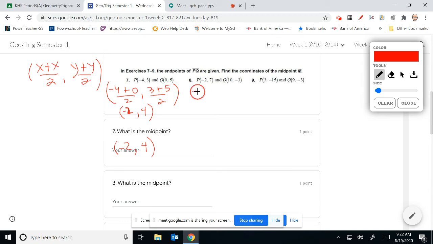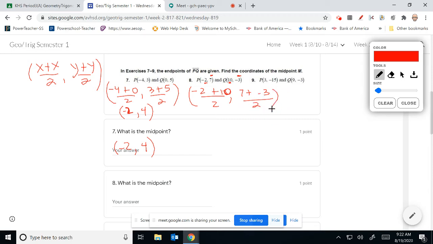8, you're going to add the 2 x numbers. Negative 2 plus 10. So there's an x and there's an x. We're going to add them and divide by 2. And your y number plus your y number would be 7 plus negative 3 divided by 2.